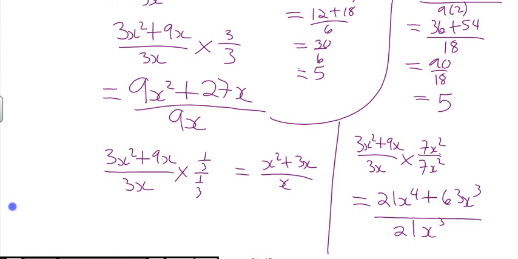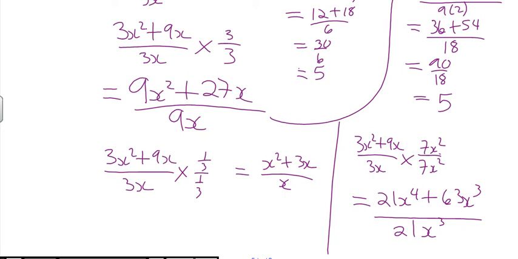You got calculators. You want to go 21 times 2 to the 4th plus 63 times 2 cubed, hit enter, go divided by 21 times 2 cubed, you'll get 5. Right? It's an equivalent rational expression. Why do we do that? Because I might need the same denominator, so I need to be able to change the form of a rational expression, but not its value. Right? It's always going to evaluate to the same thing.